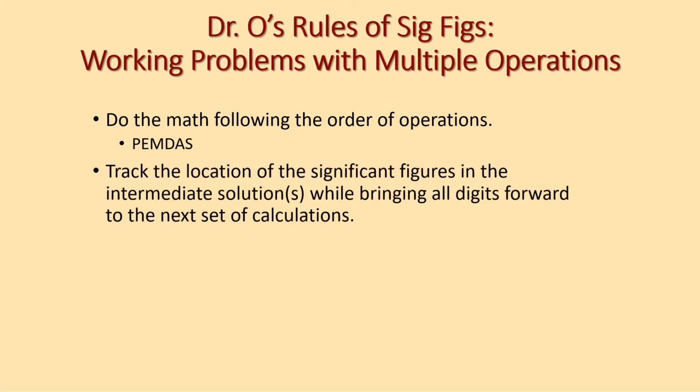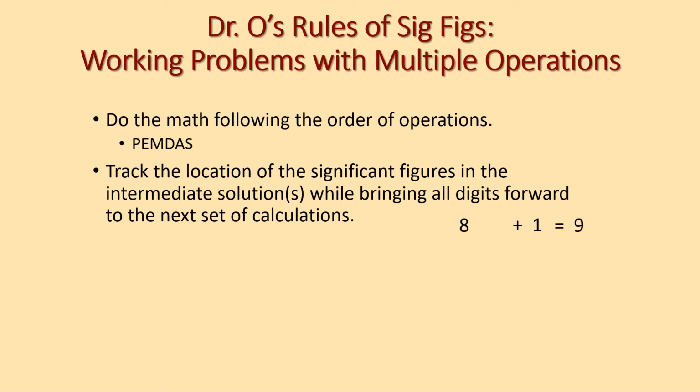The other guideline is that you will be required to track the significant figures in any intermediate solutions while bringing all the digits of that intermediate solution forward to the next set of calculations. So what do I mean by intermediate solution? In problems with multiple operations, not all calculations occur at the same time. For example, you may be required to multiply 3 numbers and then add that solution, that intermediate solution, to a 4th number in order to get your final answer.